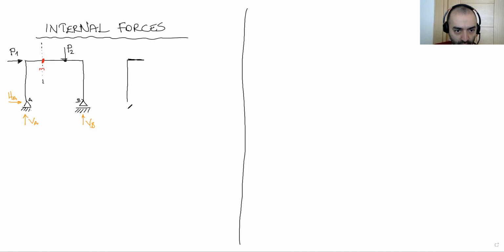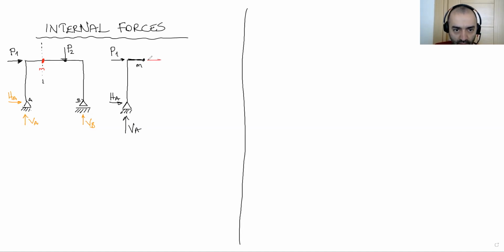Okay, we have this member like this. Here you can see we have HA, VA. At the top corner, we have P1. Okay, this is the point M. Well, we have some internal forces.